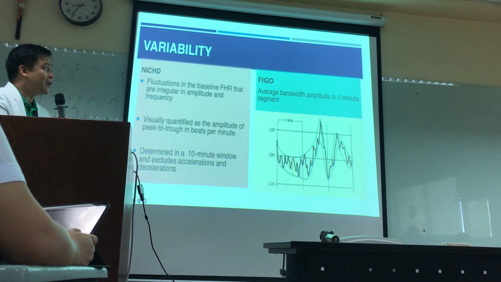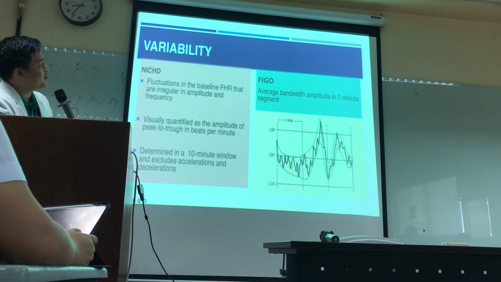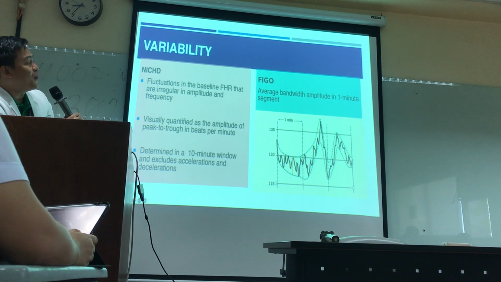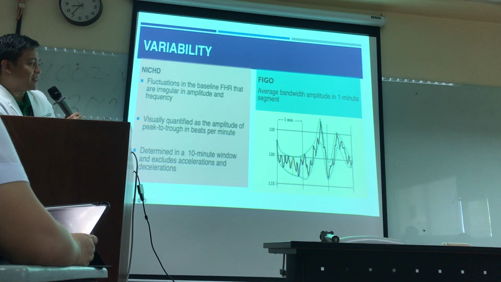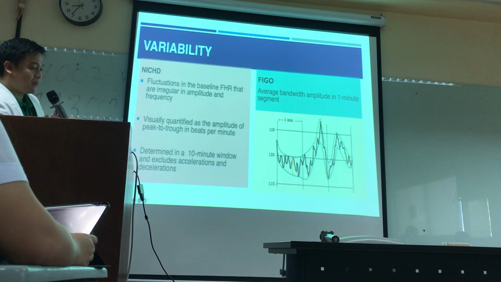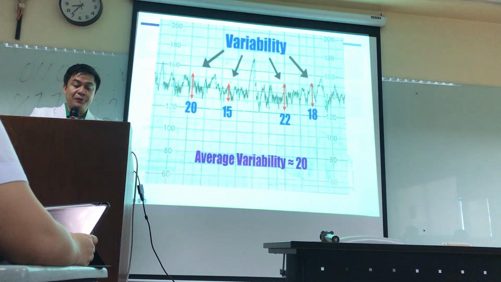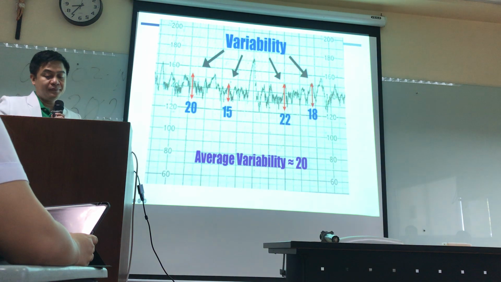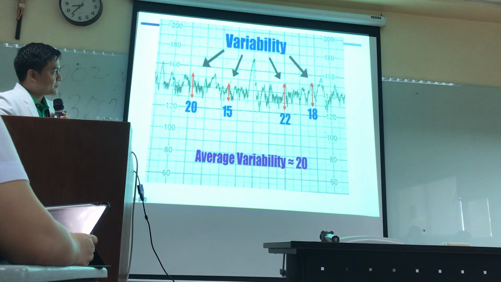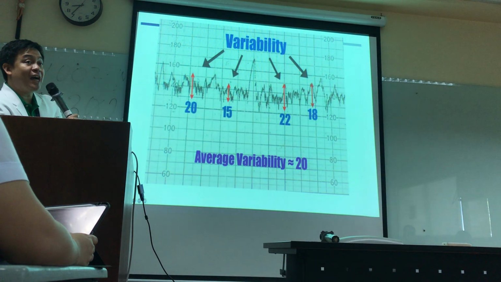Okay? So for FIGO, hindi ko alam kung bakit ang haba ng definition ng NICHD. Ang FIGO, it's defined as average bandwidth amplitude in a 1-minute segment. Okay? So, variability is actually described as yung amplitude lang ng baseline fetal heart rate mo.